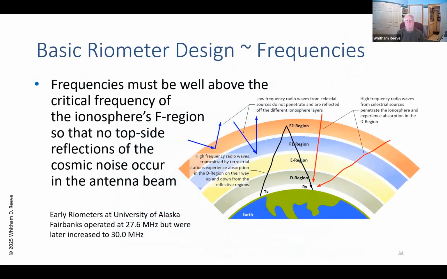Now, I just have a couple of things I want to say about riometer design. For one thing, the frequency of the riometer, the receiver frequency, has to be well above the critical frequency of the ionosphere's F region.